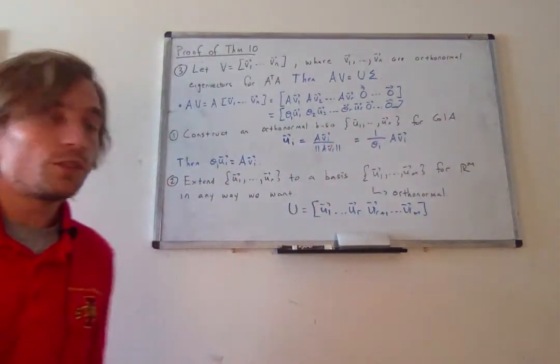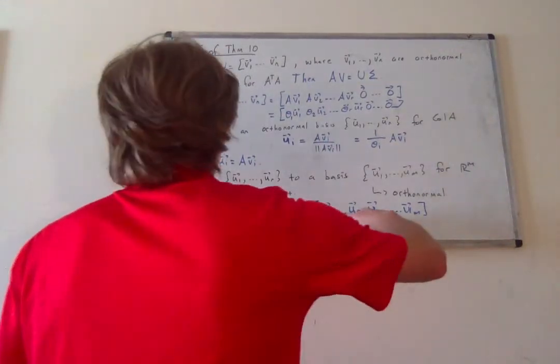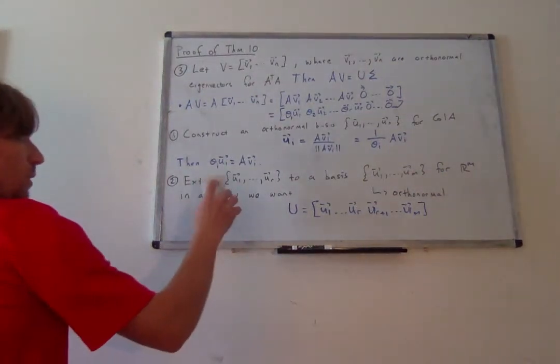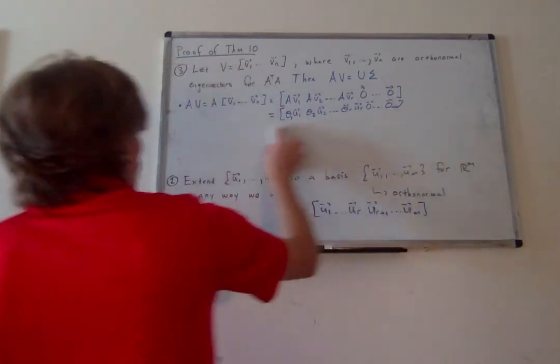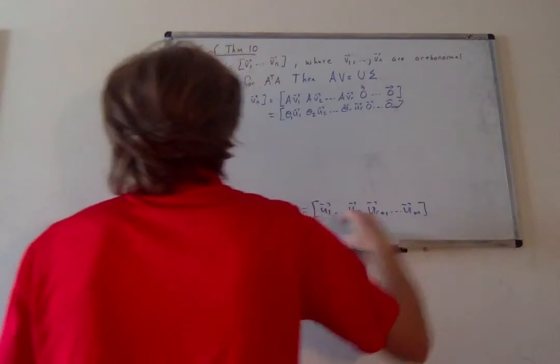And then after that, all of its columns are just 0 vectors. This is a little weird, but this is actually why we defined our matrix sigma like so.